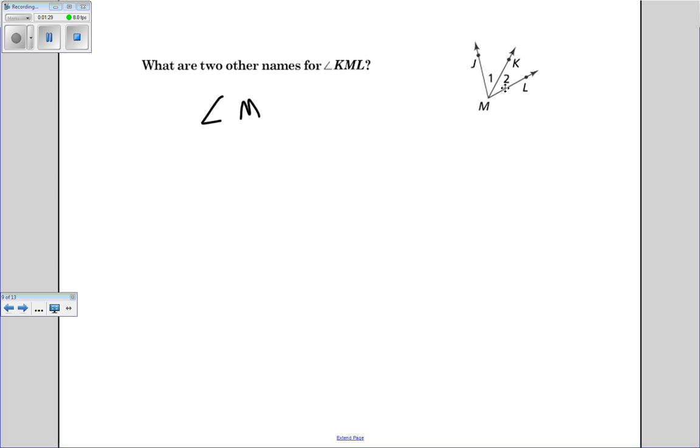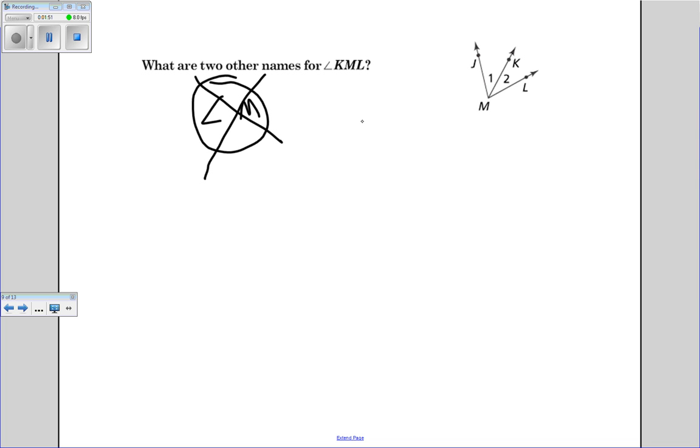Well, M is also a vertex for angle JMK, and it's also a vertex for angle JML. So this option is not a good option when naming an angle when that vertex is used more than once. We don't want it if it's used more than once.